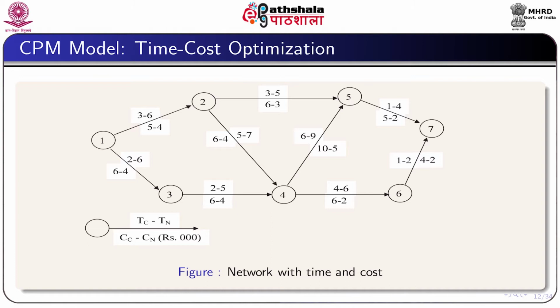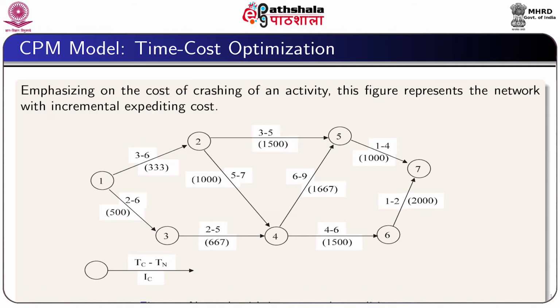So, for the activity 1-2, the crash time is 3 weeks and the normal time is 6 weeks, and the lower figure, 5 and 4, indicates the crash cost and normal cost in thousands of rupees.